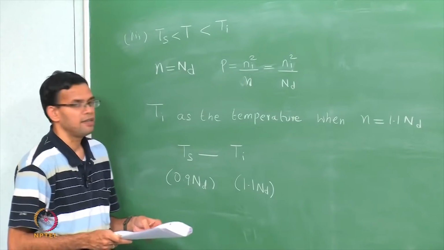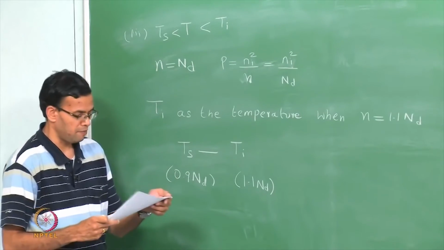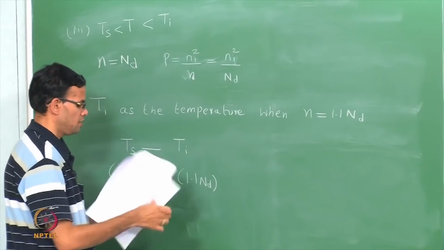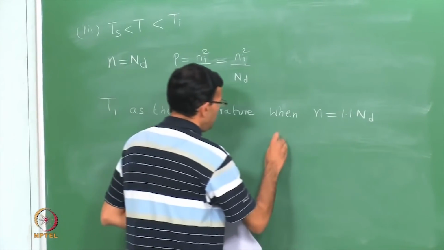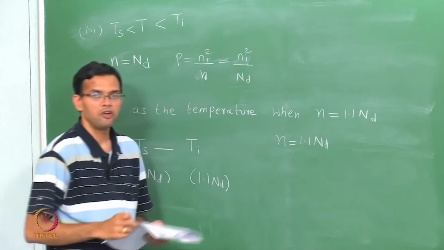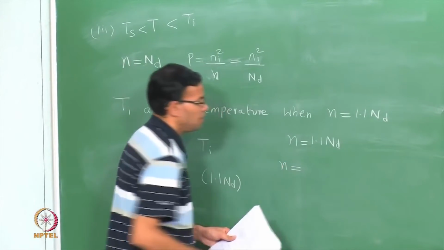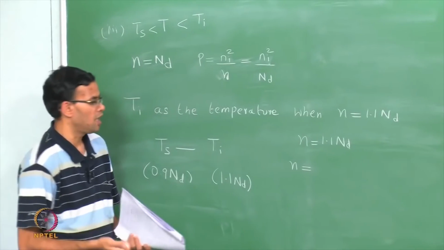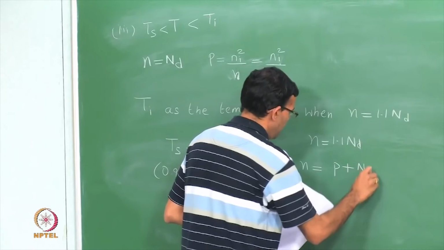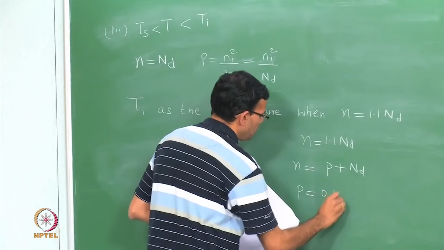If you want to calculate the value of Ti, the intrinsic temperature, we can look at the numbers. So, N is 1.1 Nd, and we are going to treat this as intrinsic. In any semiconductor, the total charge should be balanced. So, N is equal to P plus Nd, so that P is 0.1 Nd.